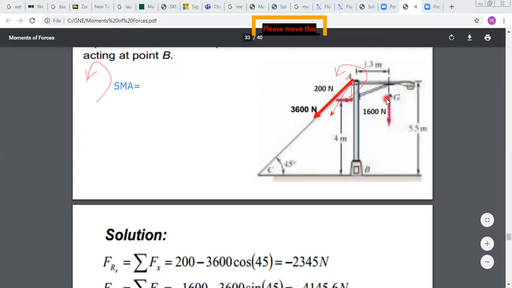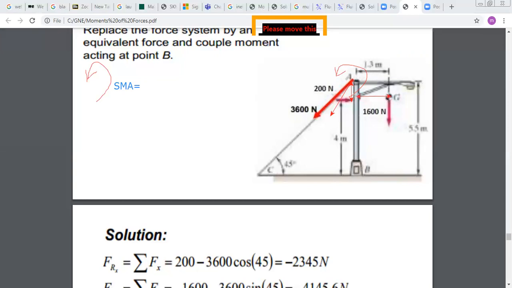And it's minus 1,600 times this distance. Okay, it's not very clear if it's 1.5 or 1.3, but I should take this distance. So I will do plus 200 times 1.5 and minus 1,600, I think it's 1.3 here, times 1.3.